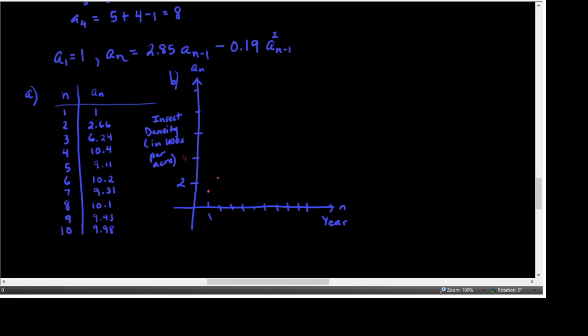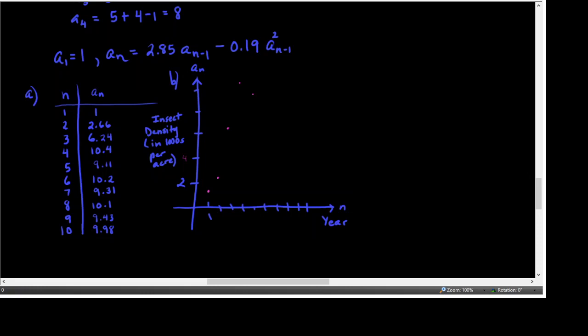Okay. 3, we should get 6.24. 6.24 is about right there. And then for 4, we should get 10.4, which is about right there. And then 9.11, so 2, 4, 6, 8, 9 is right there. Go up a little bit for 0.11. It's about right there. Excuse me.